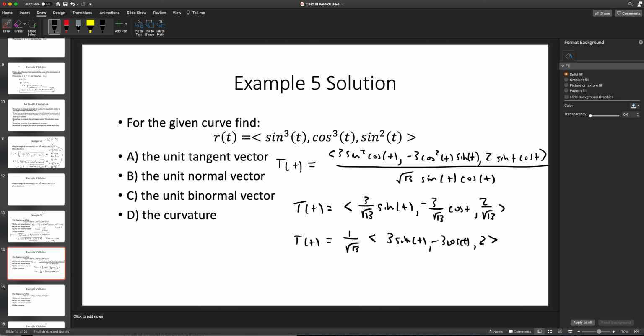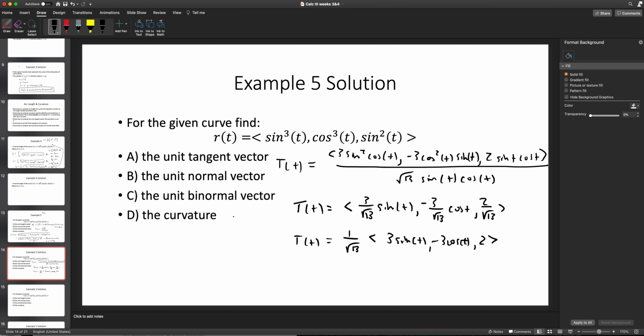So that's the unit tangent vector. If we need the unit tangent vector when t is 1, all you do is put in t equals 1. This is useful because it's good for any value t that you want, so you can find any unit tangent vector throughout the whole space curve. That's kind of nice.